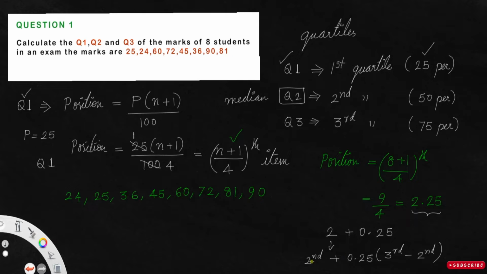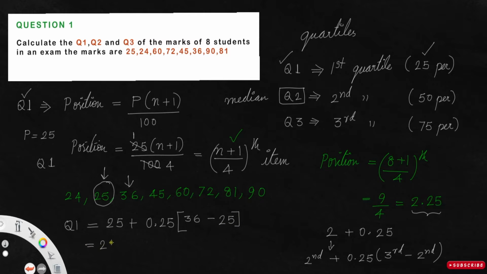The position next to second is third. So third minus second. So Q1 will be, what's the second in this data, in the ascending order? It is 25. So 25 plus 0.25 into, third minus second means 36 minus 25, since the item in the third position is 36.